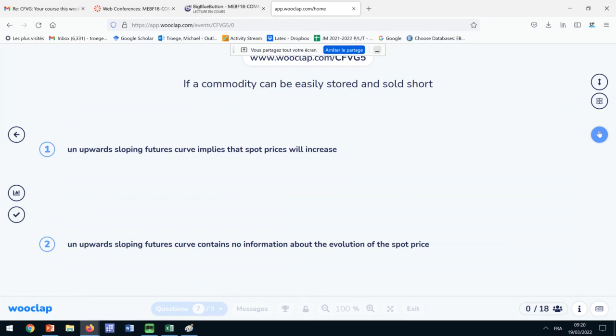Okay, a commodity that can be easily stored and sold short, so a commodity for which normally we are at full cash and carry. An upward sloping futures curve implies that spot prices will increase. An upward sloping future contains no information about the evolution of the spot price. Okay, so I briefly discussed whether the shape of the curve tells you something about where the prices are going.